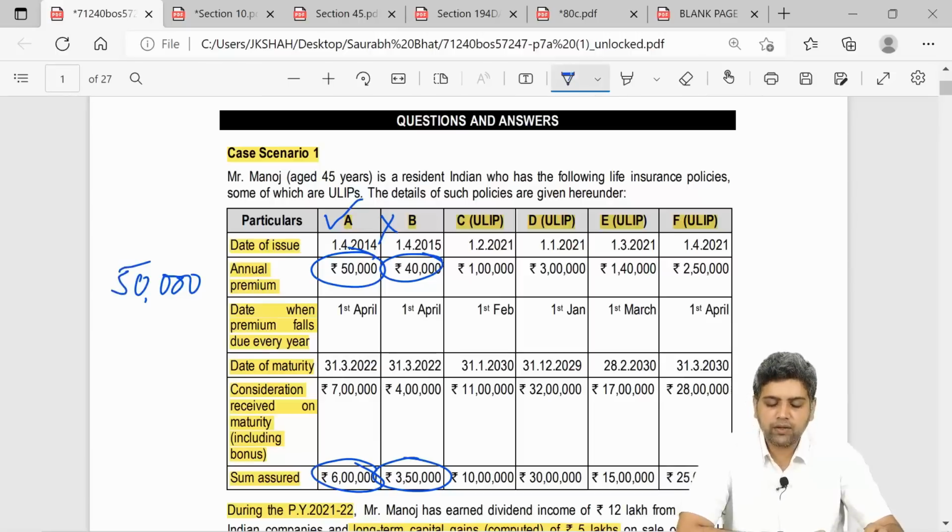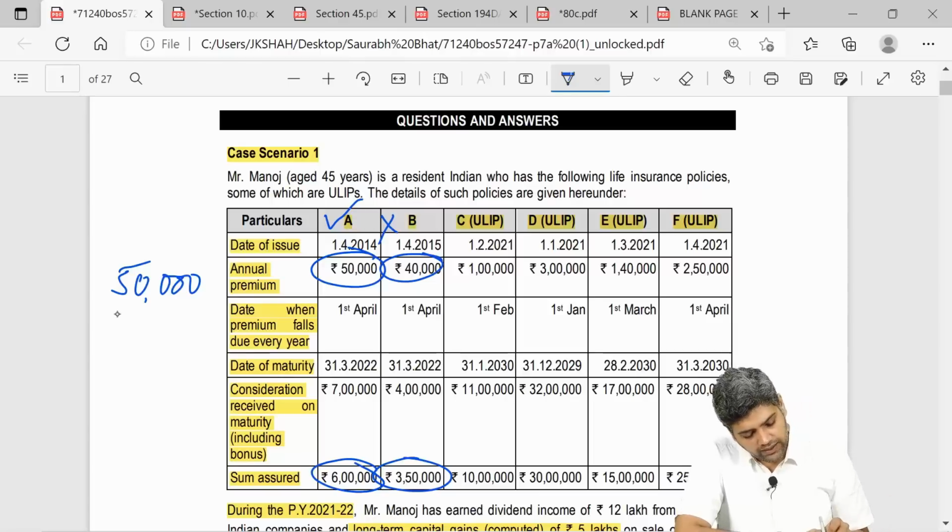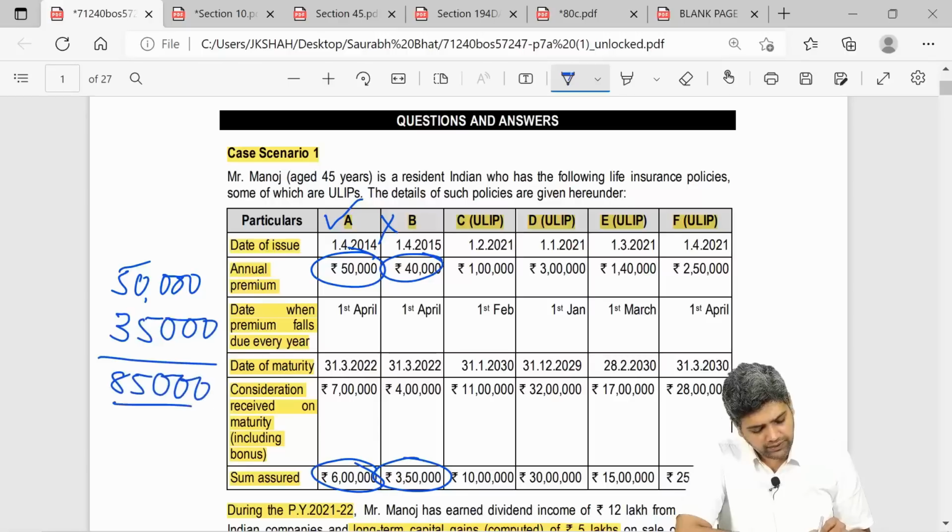But if you look at policy number B, the actual capital sum assured is 3,50,000 and the premium is 40,000. So is it exceeding 10% of capital sum assured? Yes, it is exceeding, because 10% would be 35,000. So the deduction under 80C would be restricted to 10% of capital sum assured, that is 35,000. So the deduction that you will get is 85,000 under section 80C.